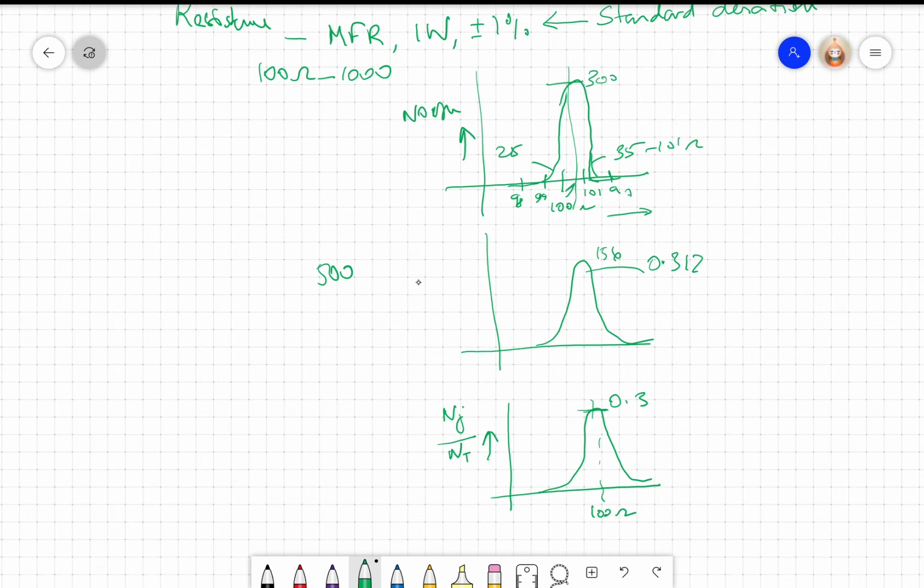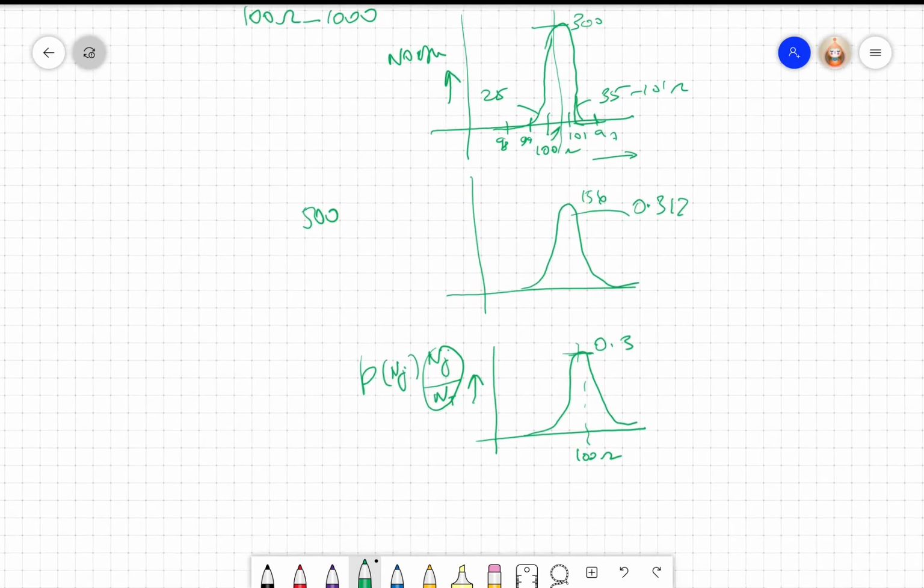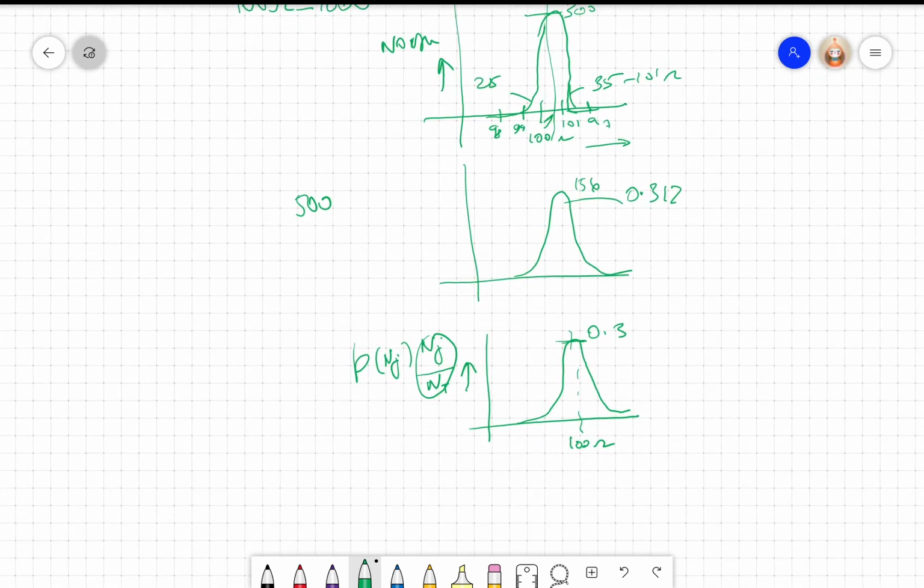If I make 1000 measurements and 300 times I got 100 ohms, I can simply say the probability of getting 100 ohms when I make 1000 measurements is 0.3. So this quantity I can simply put as the probability of the jth measurement, right? So then we call this the probability distribution curve, right?